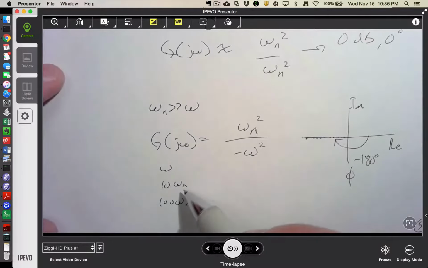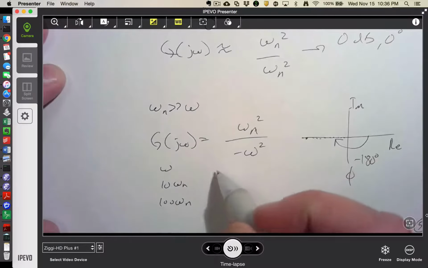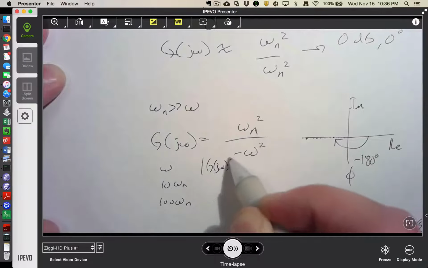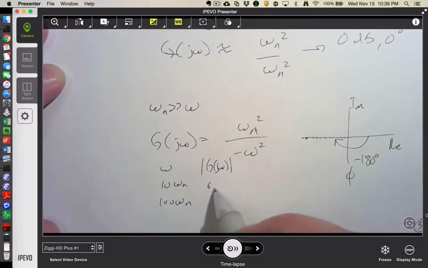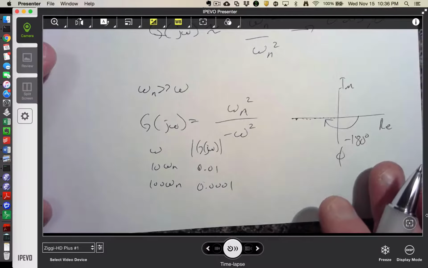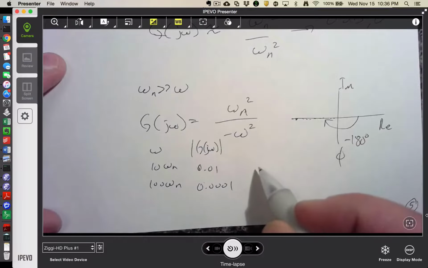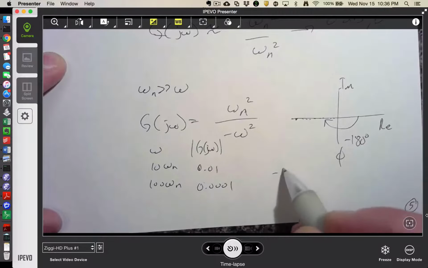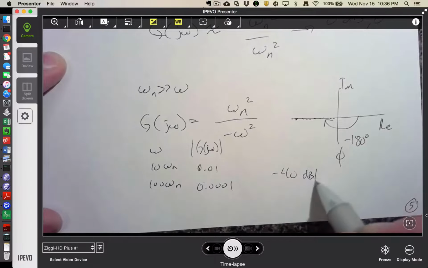So this would be 100 omega n squared, so the omega n squareds would cancel. This would be 0.001. But then when I go up by a factor of 10, now I have 100 squared. So I'm going to go down by a factor of 100 instead of a factor of 10. So this is going with a slope of minus 40 dB per decade.